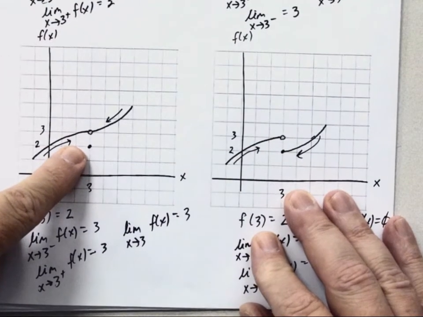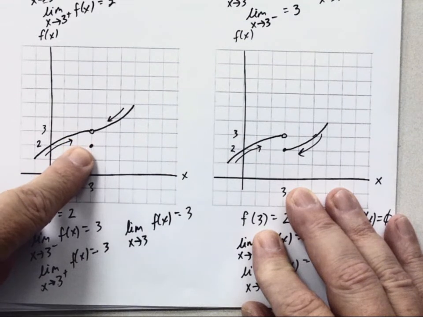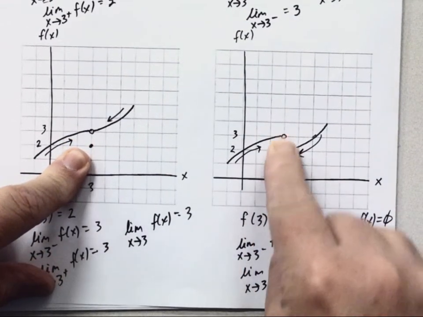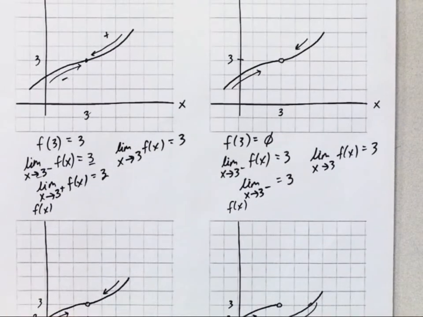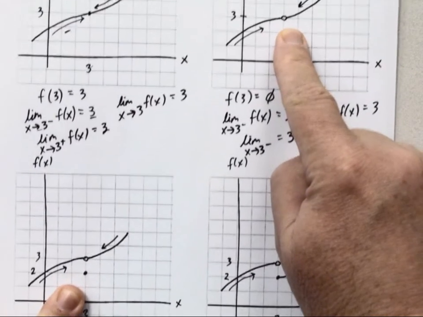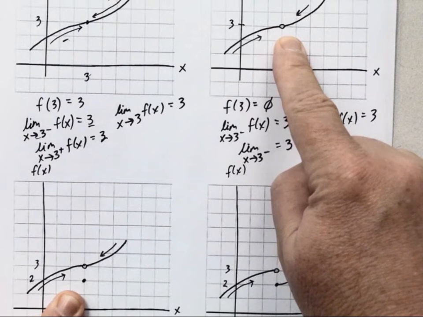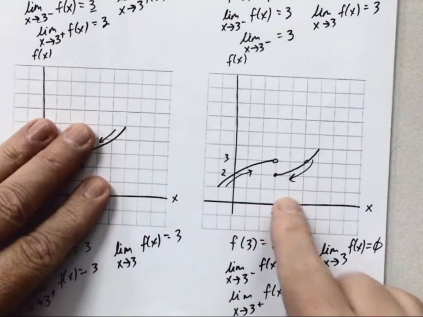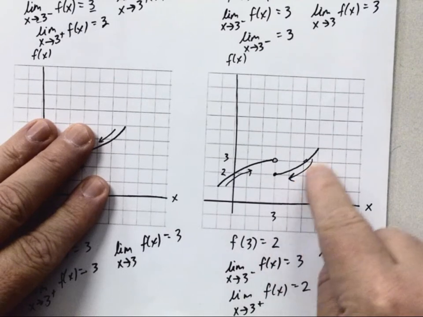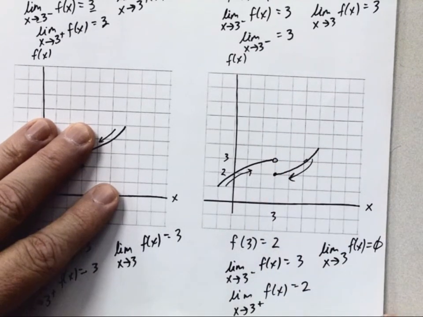And in this example, the point is off by itself, and this one looks like there's a big jump in the graph. So for these two, the limits still exist because both sides of the graph are approaching the same point, but here they end up approaching different points, so there's no limit at all.